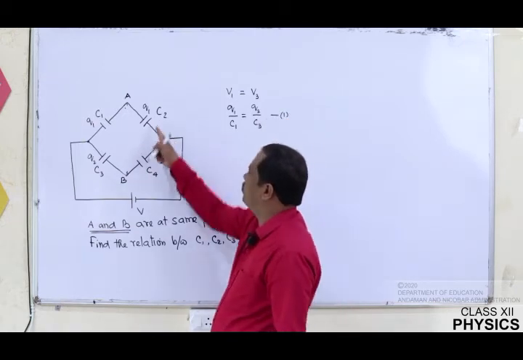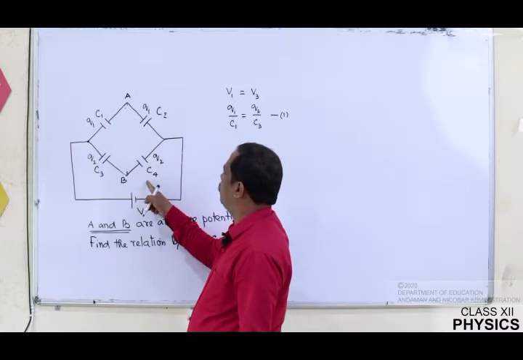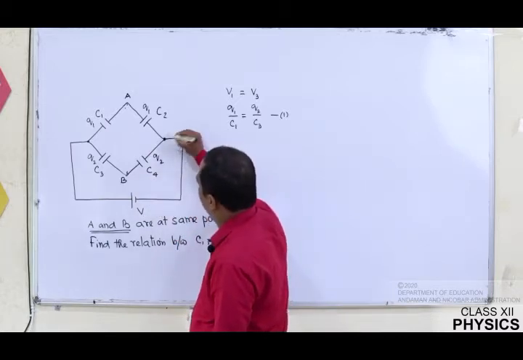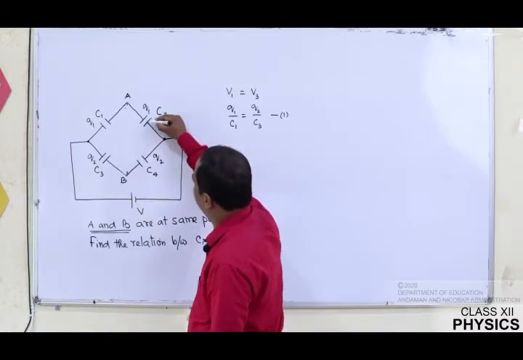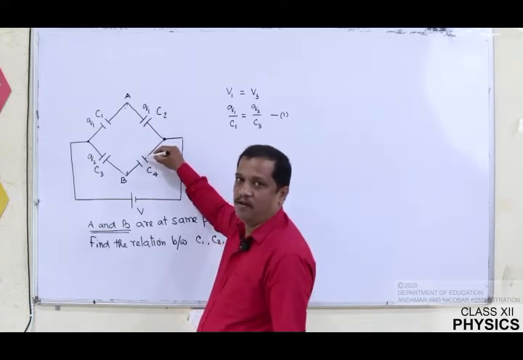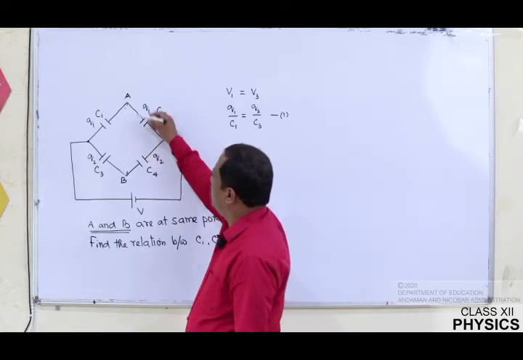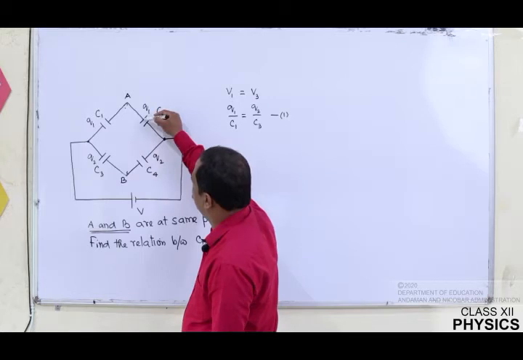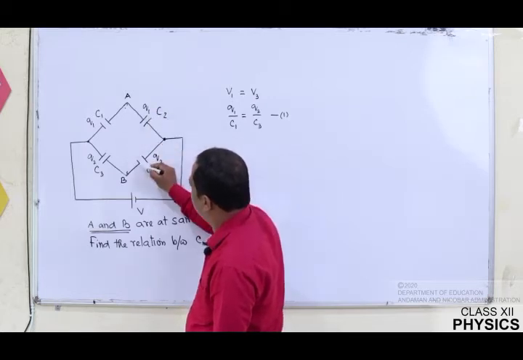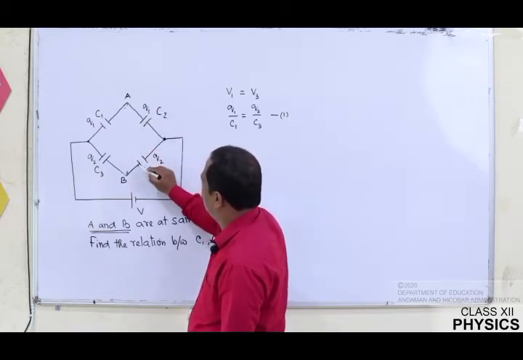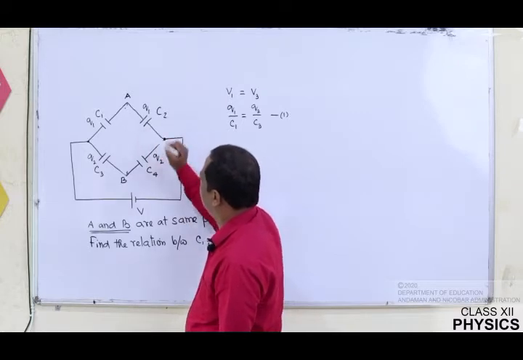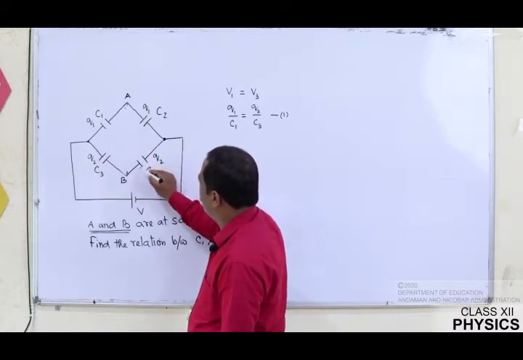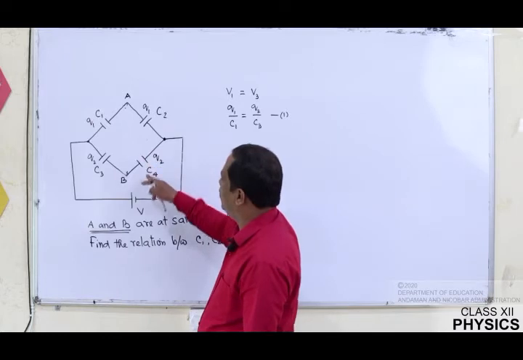Now let me check this one and this, C2 and C4. So see, this point is common for both C2 and C4. That means this plate and this plate are at same potential. Similarly, A and B are at same potential. So therefore this plate and this plate has the same potential. So that means potential difference across C2, potential difference across the plates of C4, both are equal.